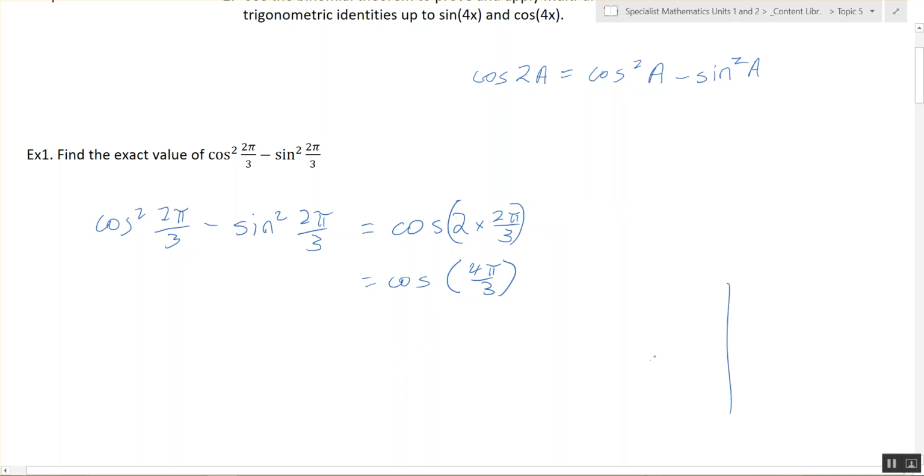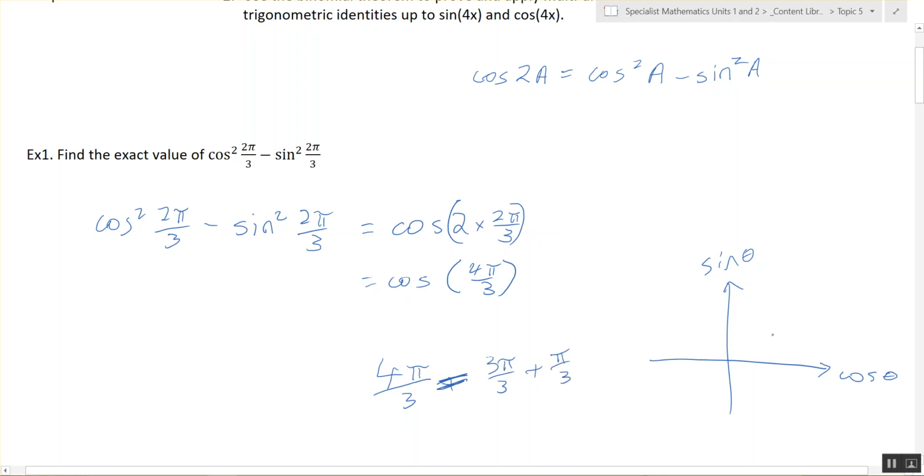So if we draw ourselves the unit circle, this axis is the sine axis and this is the cos axis. It's got 4 pi over 3, which is the same as 3 pi over 3 plus pi over 3.